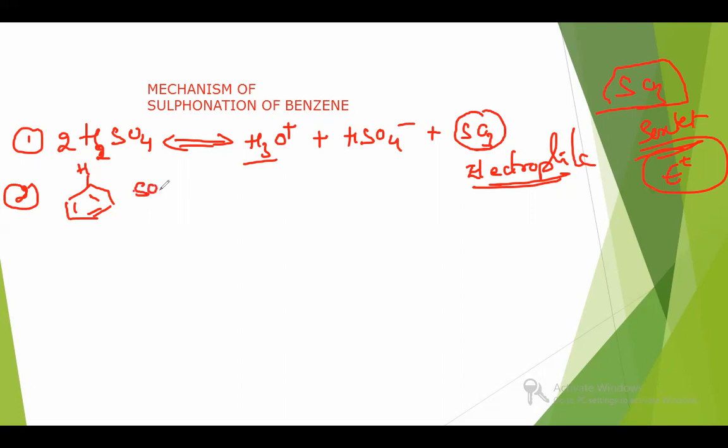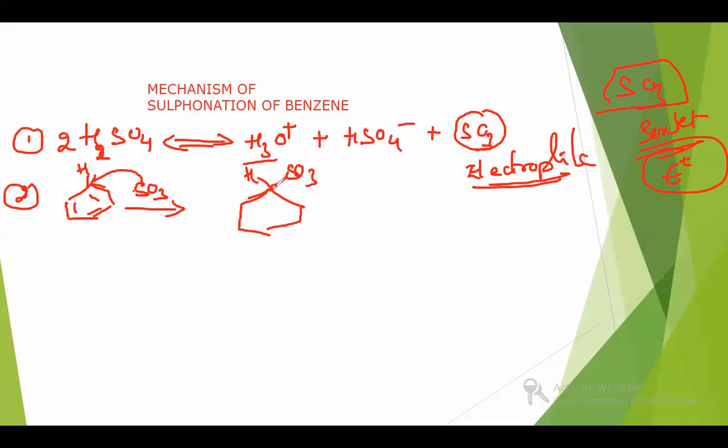So the SO3 electrophile attacks benzene, because electron-rich pi electrons are present in benzene. Where the pi electrons are, there it attacks. So we get the intermediate like this: the benzene ring, with hydrogen and SO3 at the same carbon.